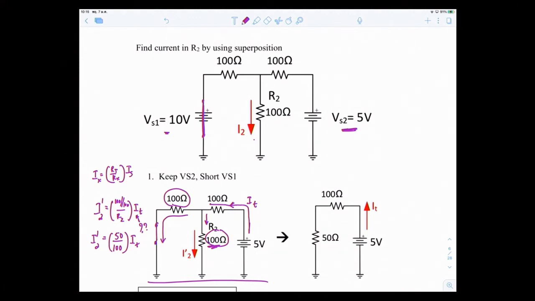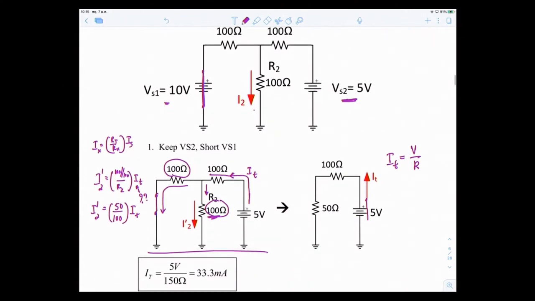To find I total, I total is of course the current passing through the 5 volt source. So by Ohm's law, I total equals V over R. V is 5 volt. What about R? R would be the total resistance that the 5 volt has to take care of. It has to take care of this 100, and this 100 and this 100.